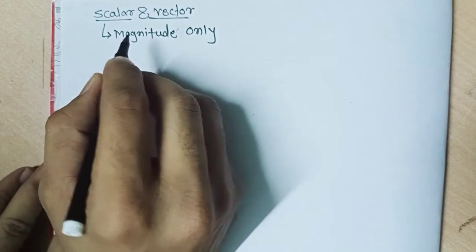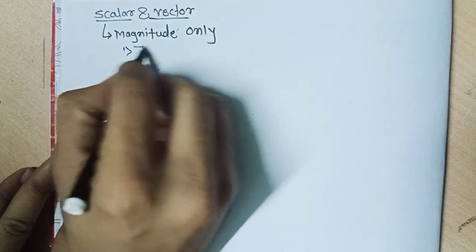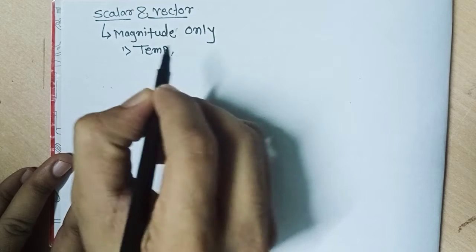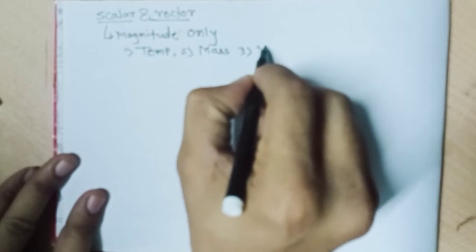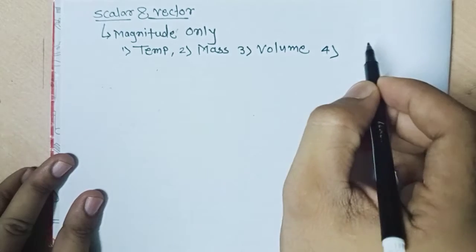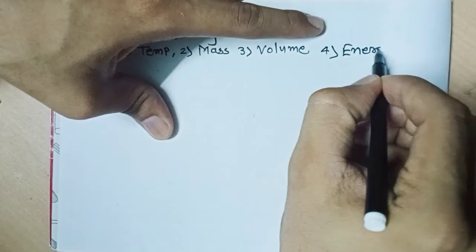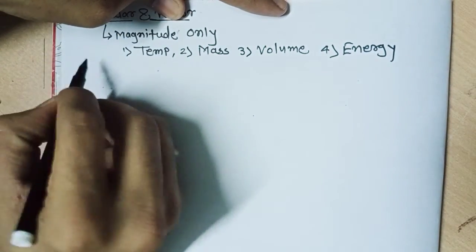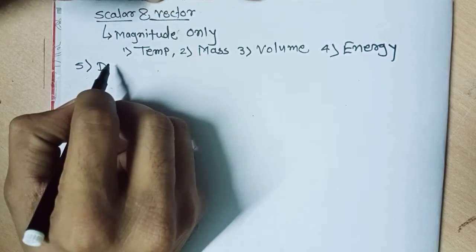Some examples of scalar quantities are: first temperature, second mass, third volume, fourth energy, then density is also a scalar quantity.